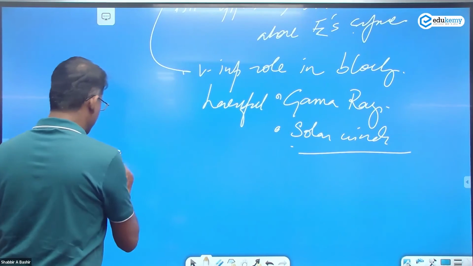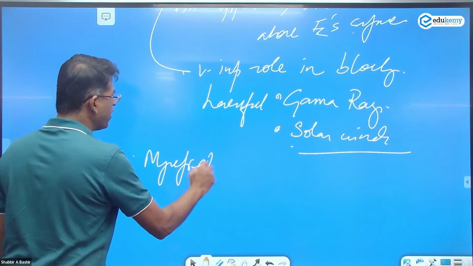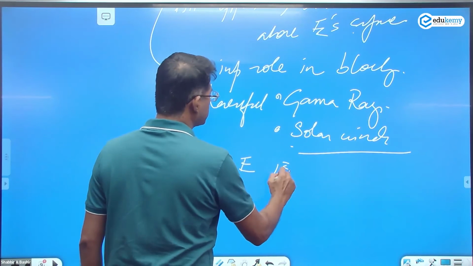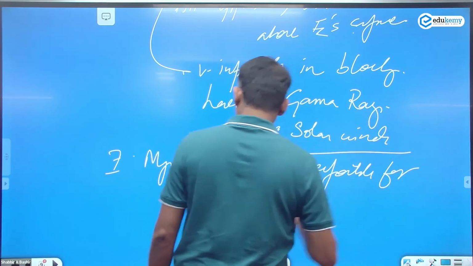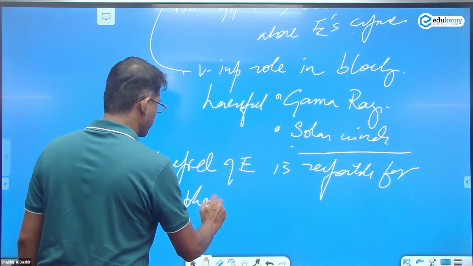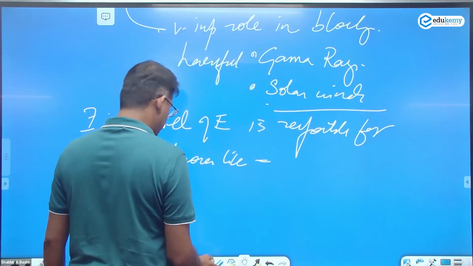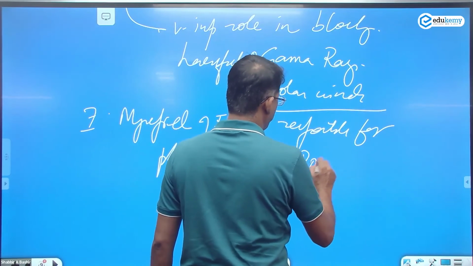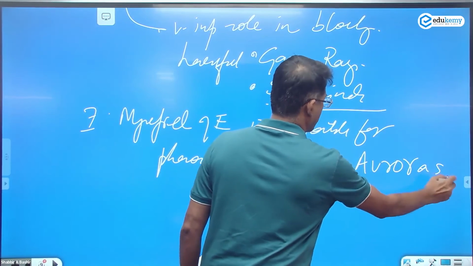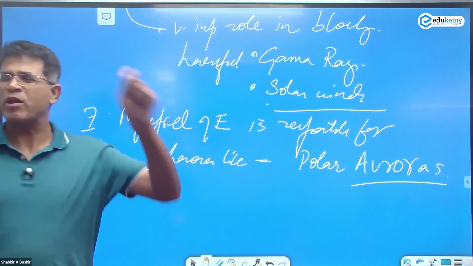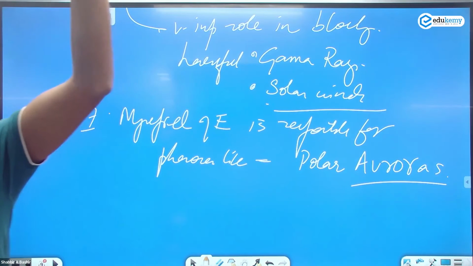And just know this again, that the magnetic field of Earth is responsible for phenomena like something called as polar auroras. They are a brilliant display of light. अगर आप North Pole के पास में है, you can see the lights.